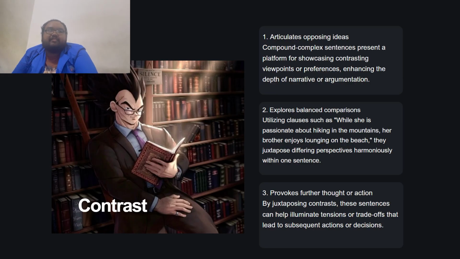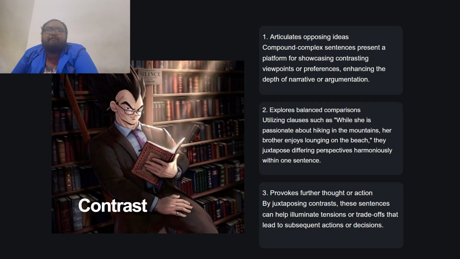Okay. For contrast, number one articulates opposing ideas. Compound complex sentences present a platform for showcasing contrasting viewpoints or preferences, enhancing the depth of narrative or argumentation. Second, explores balanced comparisons. Contrasting clauses such as while she is passionate about hiking in the mountains, her brother enjoys lounging on the beach.